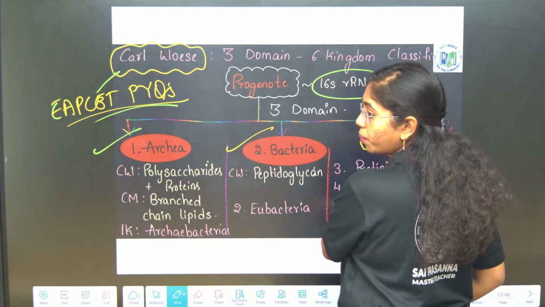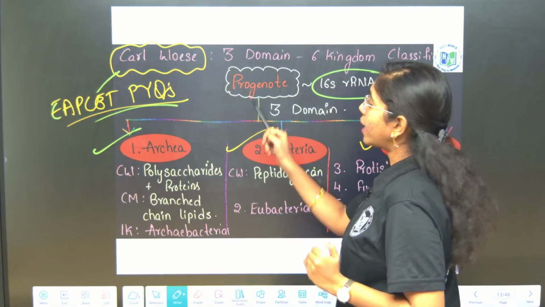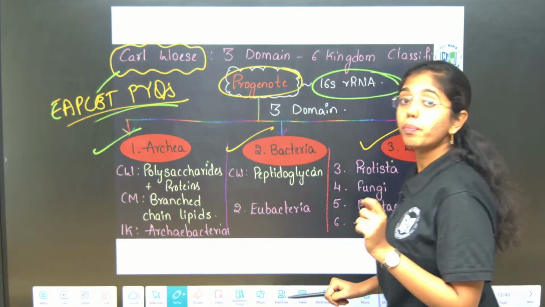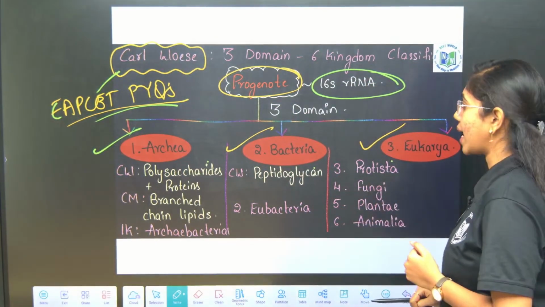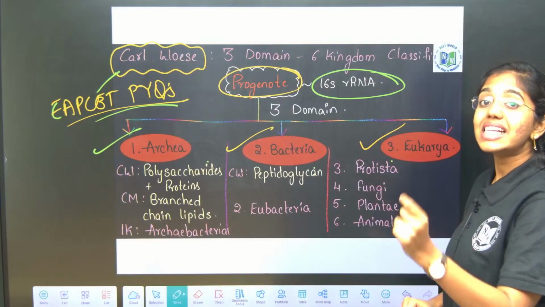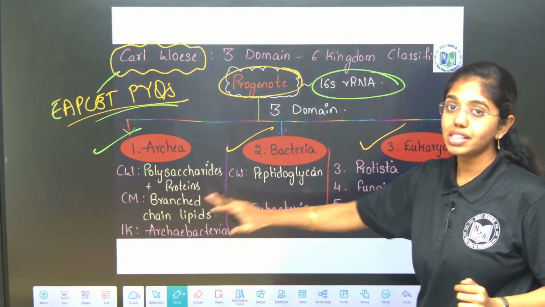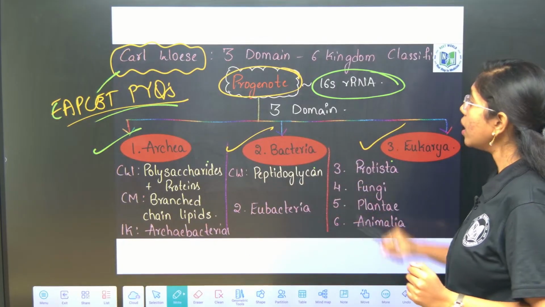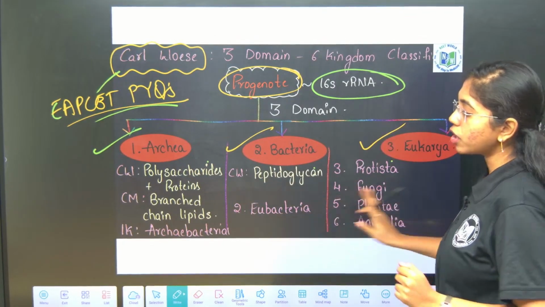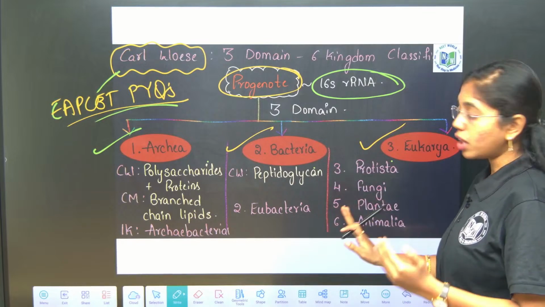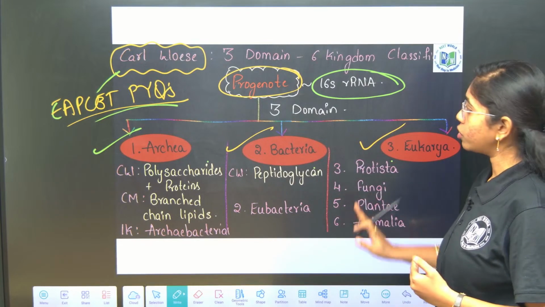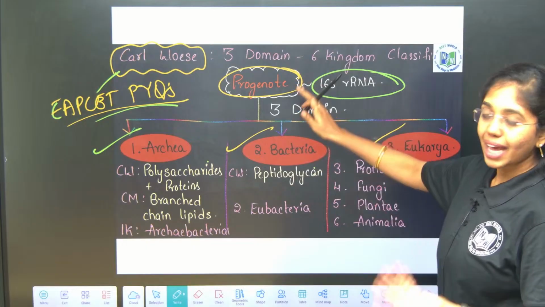The common ancestor is the progenote. It possesses 16S rRNA, which is present in all the organisms of these three domains. So, the progenote is kept as the common ancestor.